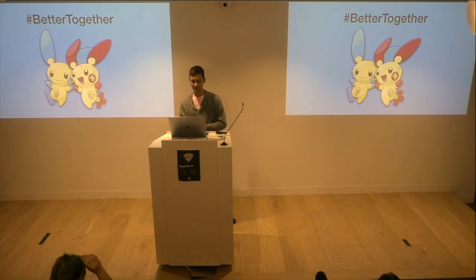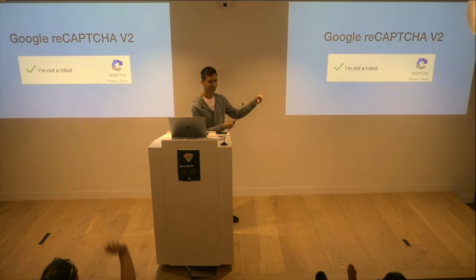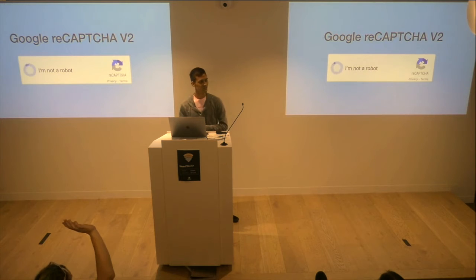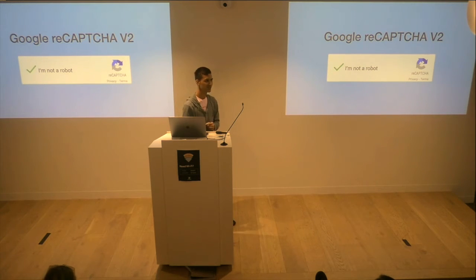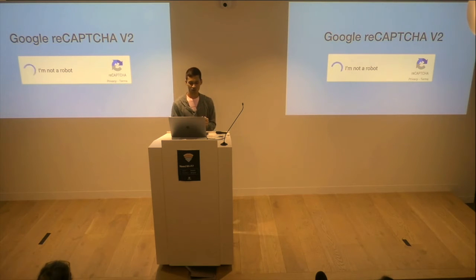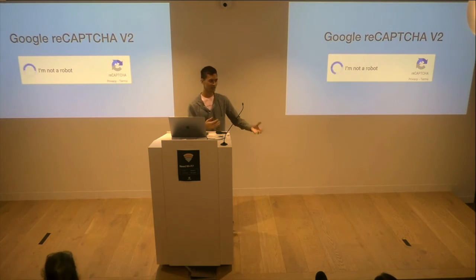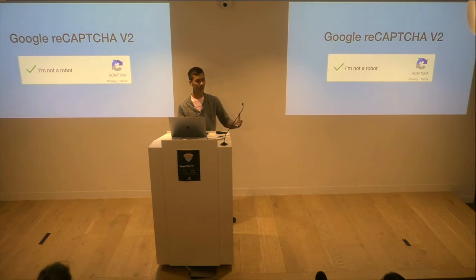A good example of this is reCAPTCHA v2. How many of you have come across this checkbox? How many of you have noticed that sometimes when you click this, no CAPTCHA appears? What's happening there is that it's actually using human interaction detection to figure out if you're a human before presenting you with a CAPTCHA.